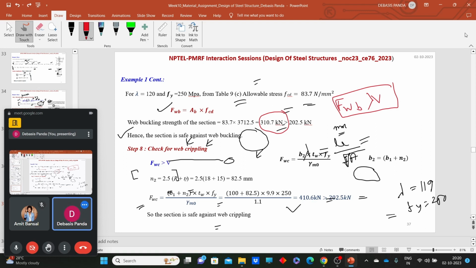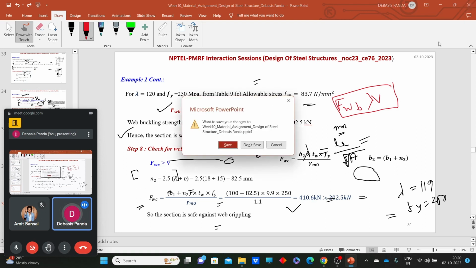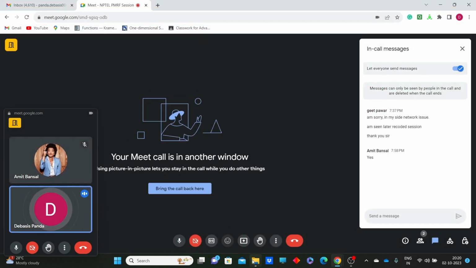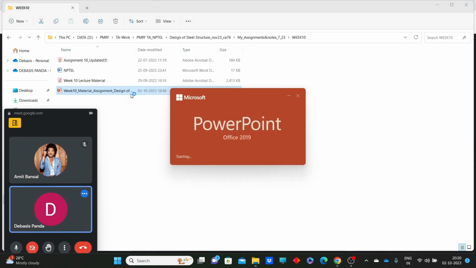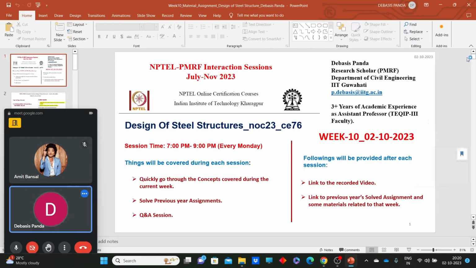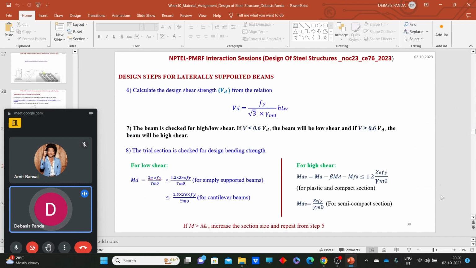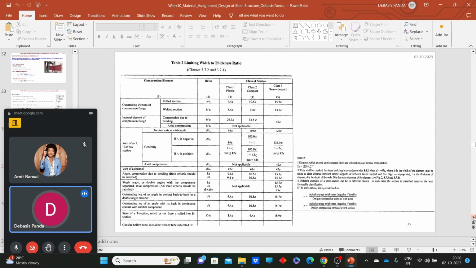Now we need to look at one more thing, that is web crippling. So how can we look into the web crippling? We have the formula for web crippling, which we have already discussed earlier. Still, we will solve this.